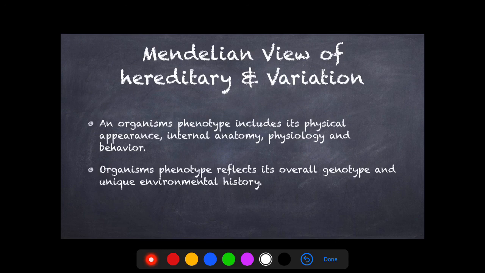So an organism's phenotype includes its physical appearance, its internal anatomy and physiology, and behavior. That all is included in the phenotype, because even though you can't see your internal anatomy, it's still a physical thing, right? And an organism's phenotype also reflects its overall genotype and unique environmental history.